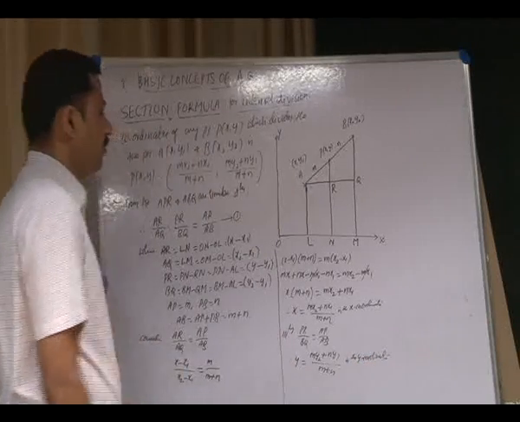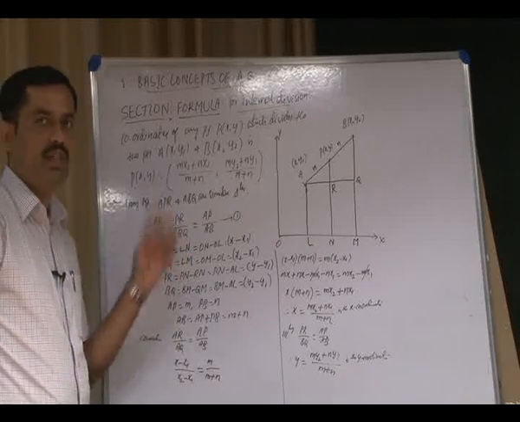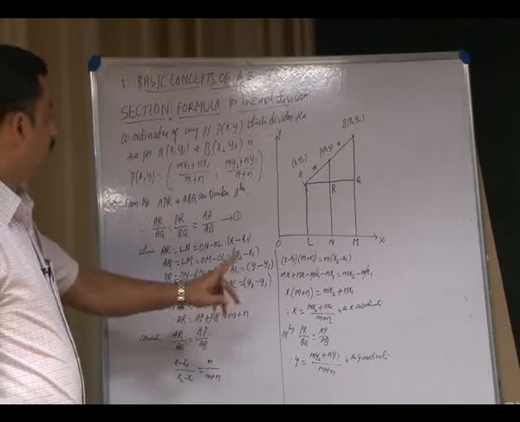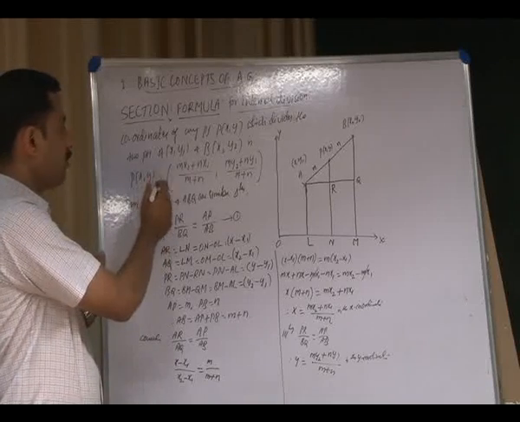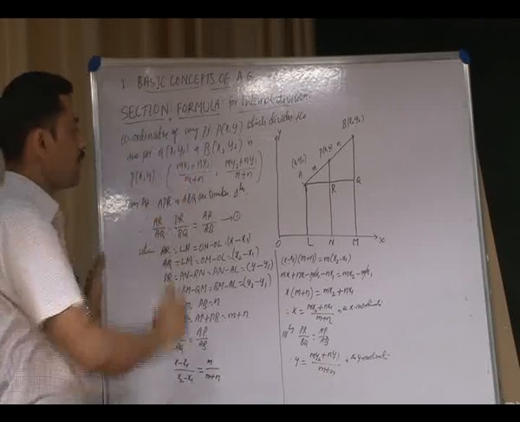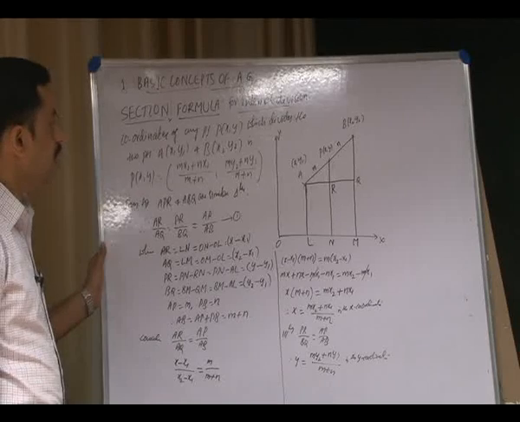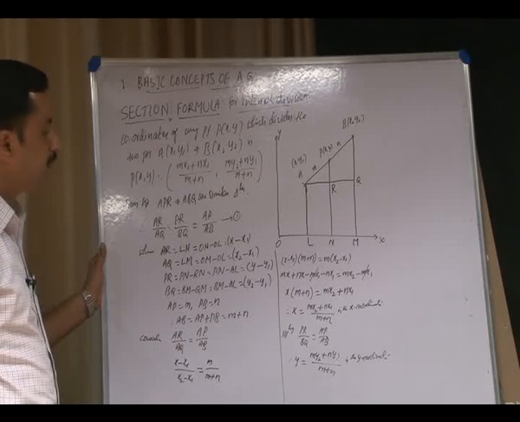So that is the proof of this equation. Put together, you can write P(x, y) is equal to (mx2 plus nx1 divided by m plus n, my2 plus ny1 divided by m plus n).